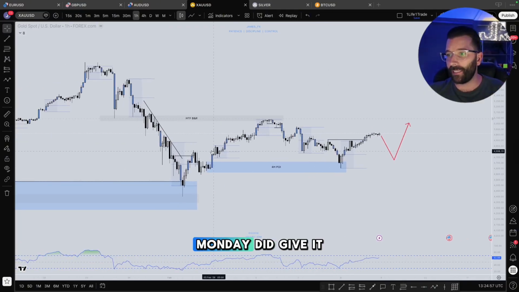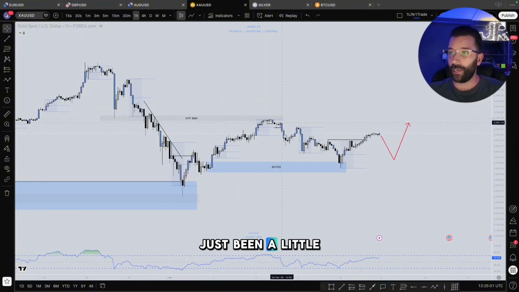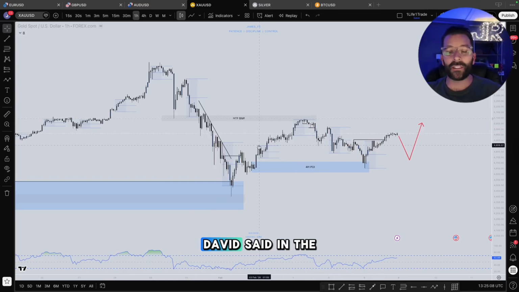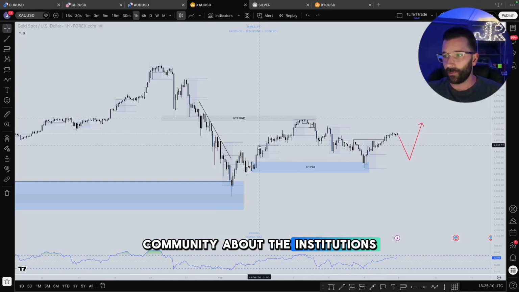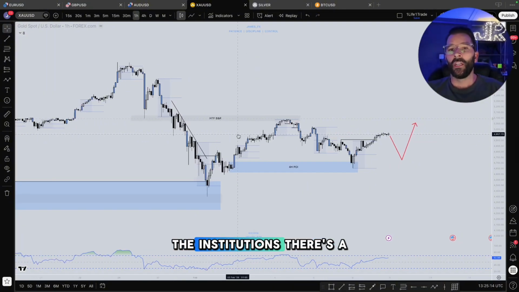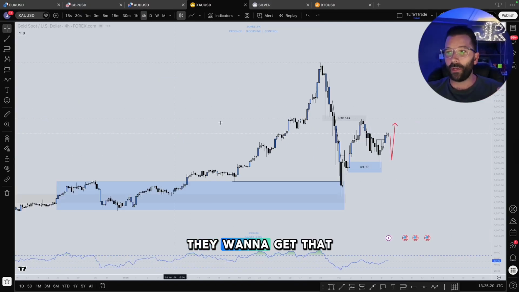And Monday did give it a reason. Otherwise, it might have just been a little pullback and continued on its way. So it has got reasons, because the market, like David said in the community about the institutions, there's a couple of reasons. They have areas to fulfill, like here on the 4 hour. They want to get that filled.